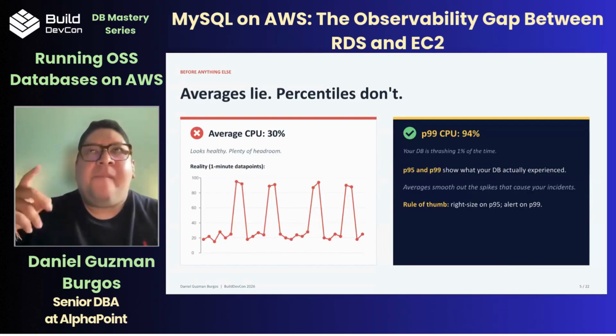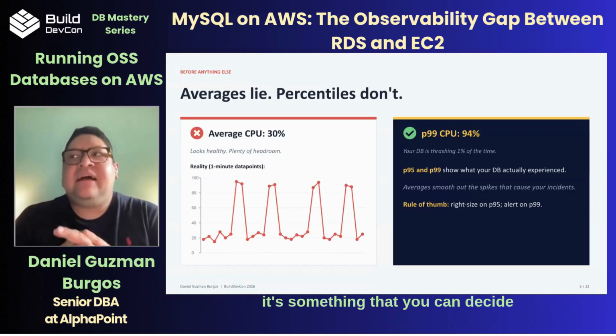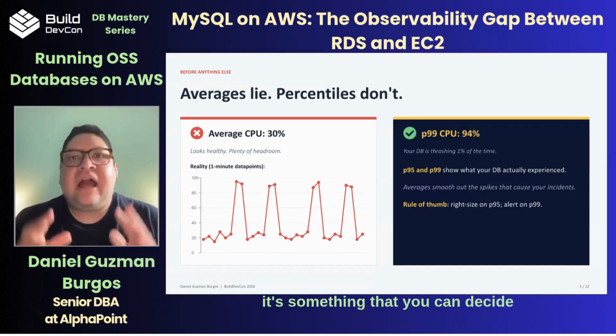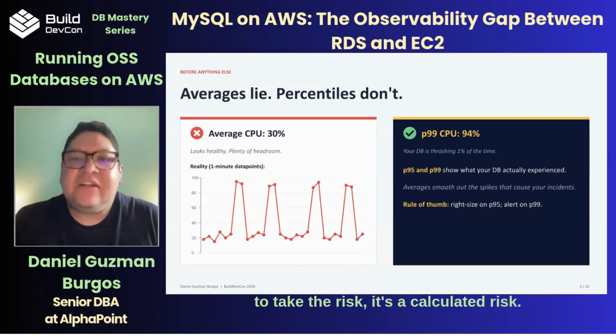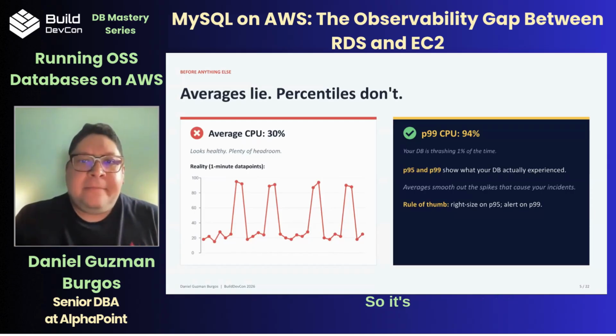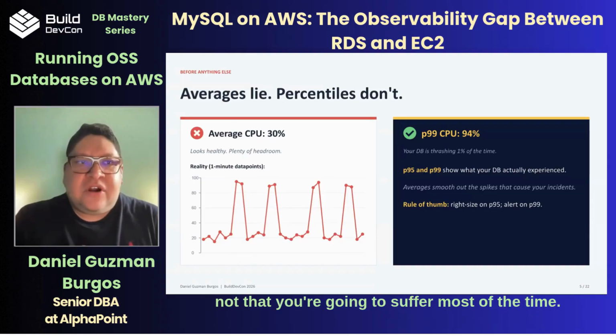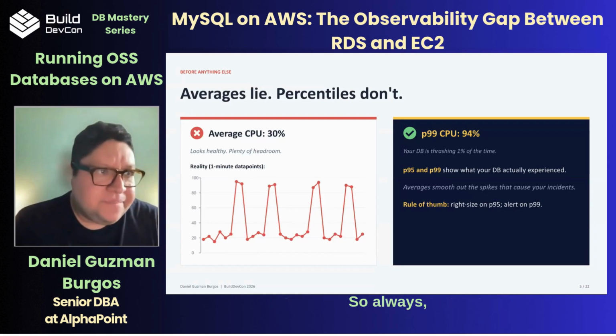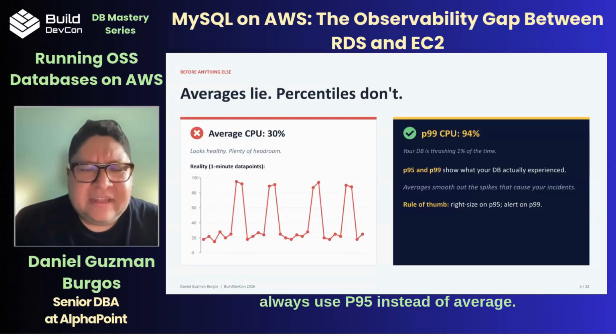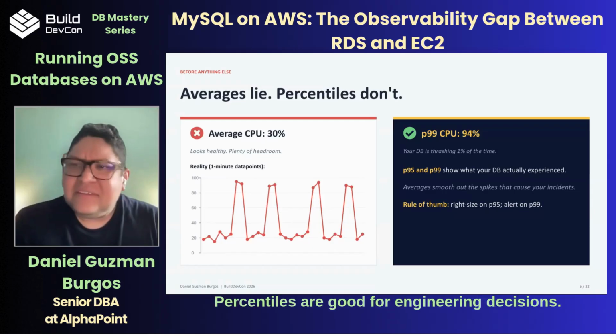That 5% is something you can decide to take the risk on. It's a calculated risk. It's not that you're going to suffer most of the time. It's just going to be accurate. So always use P95 instead of average. Averages are good for marketing. Percentiles are good for engineering decisions.